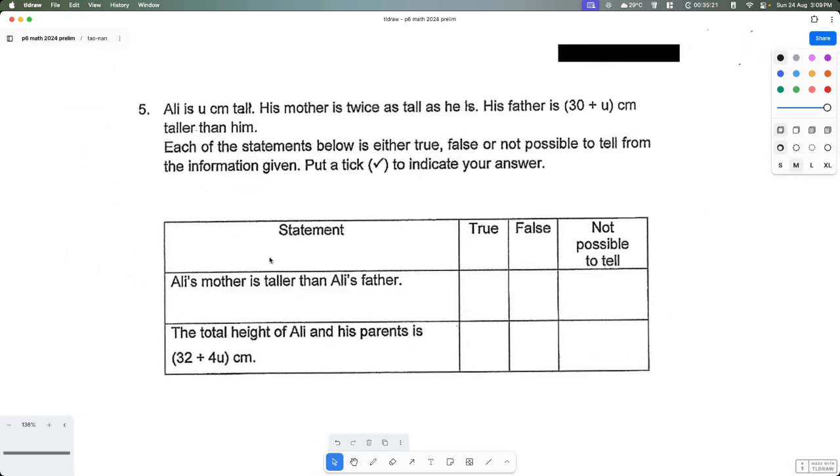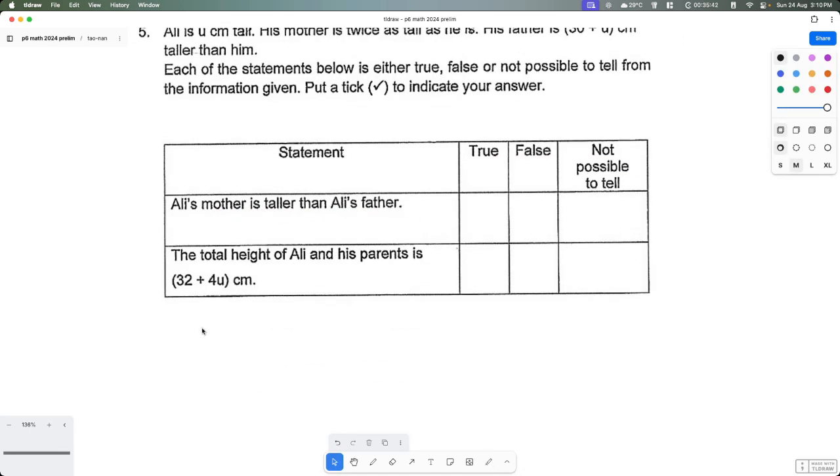Okay, question number 5. Ali is u cm tall. His mother is twice as tall as he. His father is 30 plus u cm taller than him. Each of the statements below is either true, false, or not possible to tell from the information given. Put a tick to indicate your answer. Okay, so I'm going to write down.